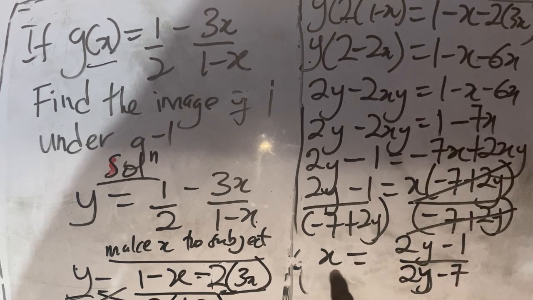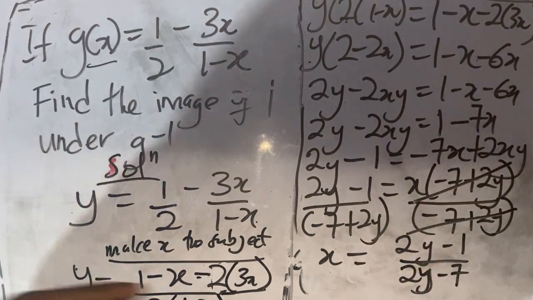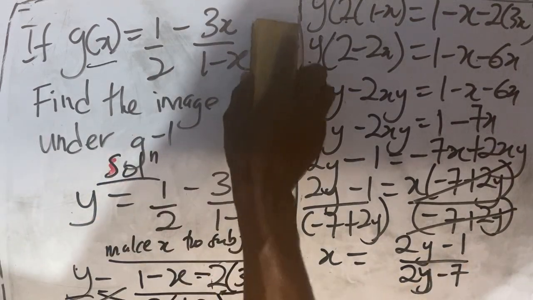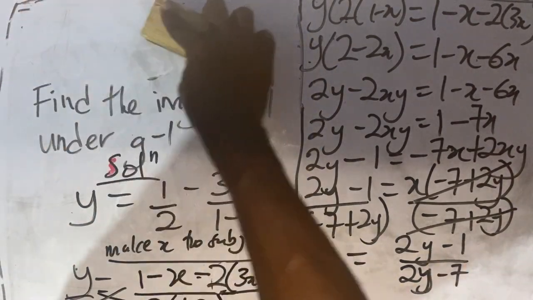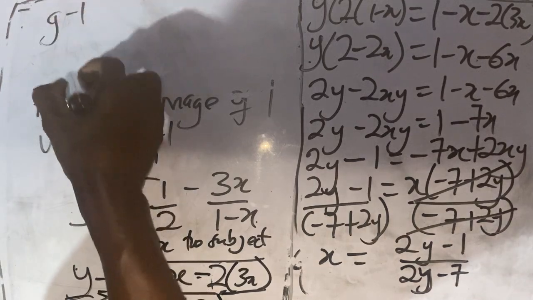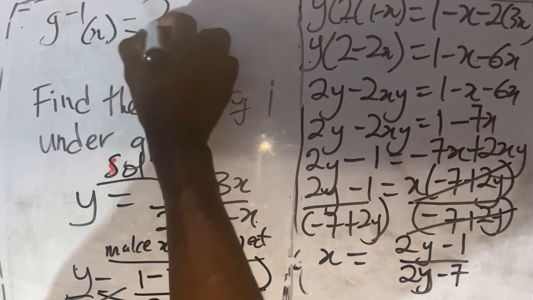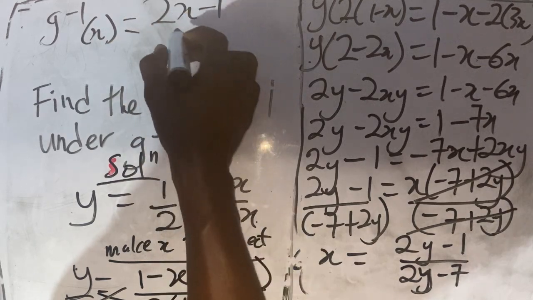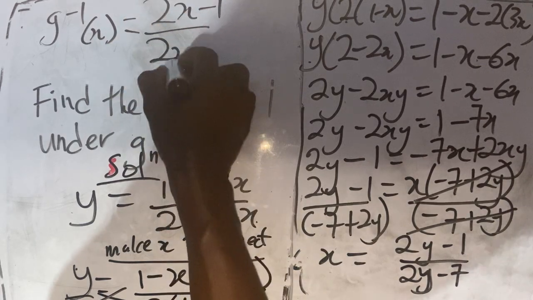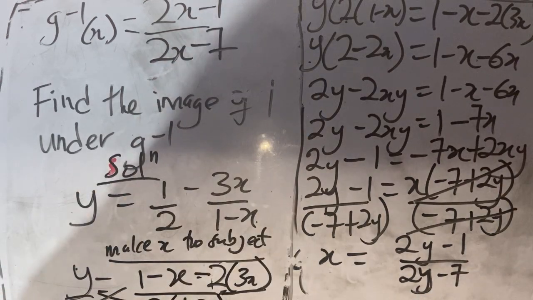So I have x equal to the whole of that, and that becomes our inverse of the function, or the inverse of g of x. So therefore, inverse of g of x now becomes 2x minus 1 over 2x minus 7. That becomes our inverse function.